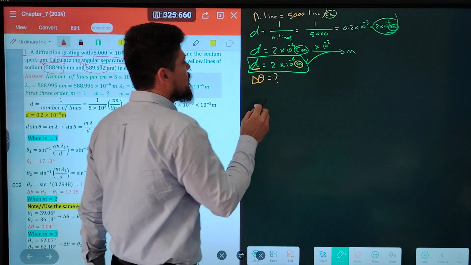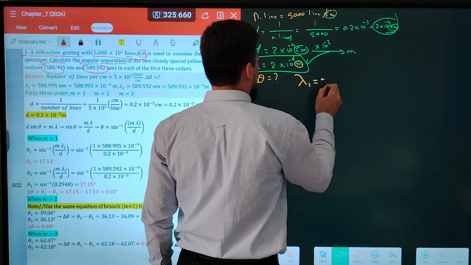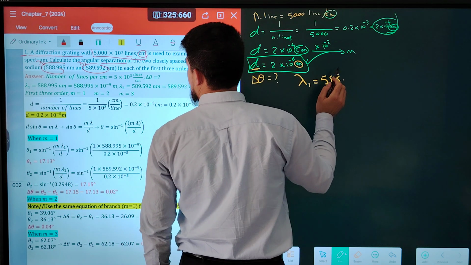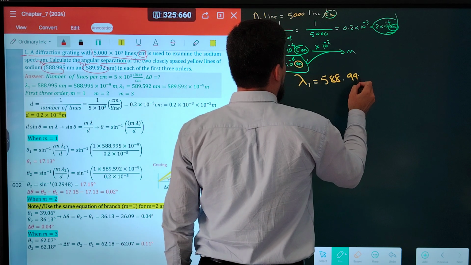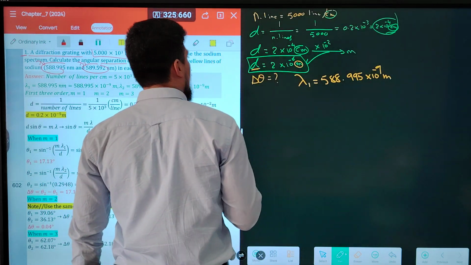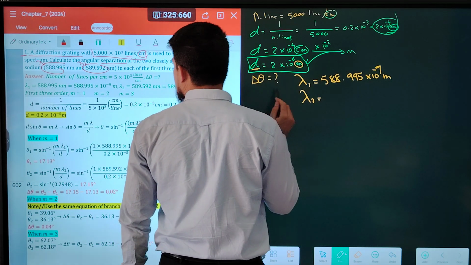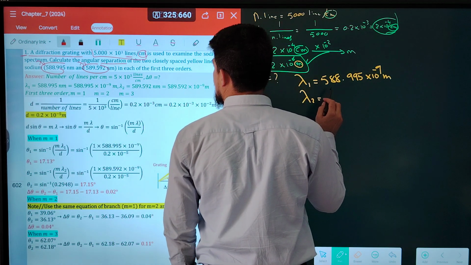How many wavelengths do we have? Two wavelengths. Lambda 1 is equal to 588.995 times 10 to the power negative 9 meter, and lambda 2 is equal to 589.592 times 10 to the power negative 9. There is a little difference: the second lambda is bigger.